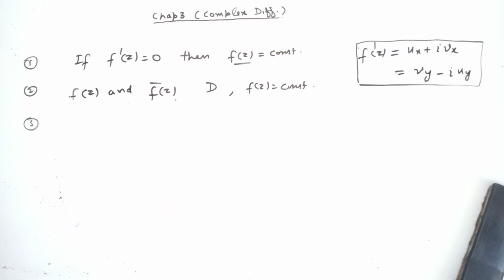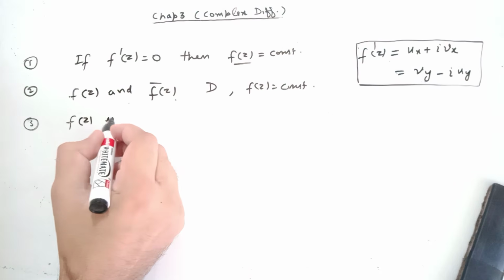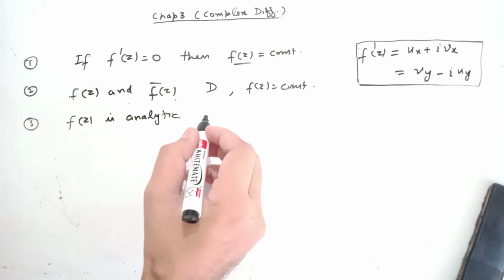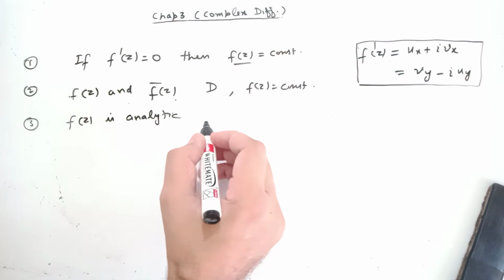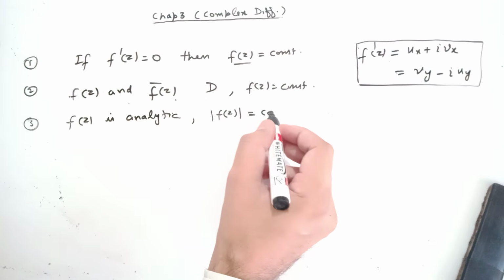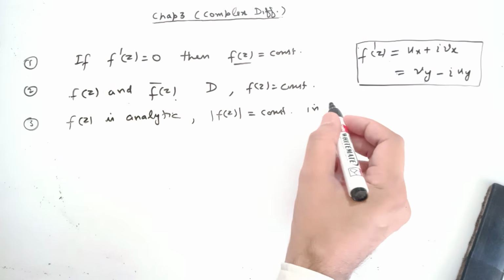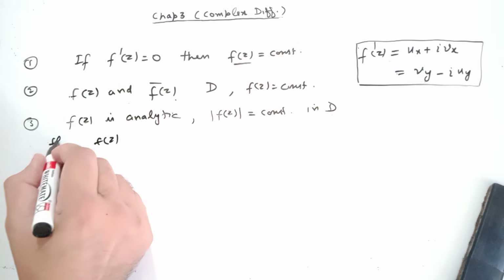See one more result on constancy. If a function f(z) is analytic and mod f(z) is constant, its modulus is constant, this is given everywhere in the domain D, then also f(z) is constant.